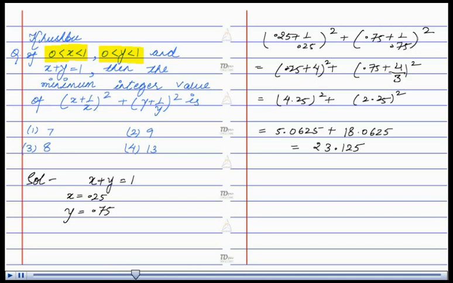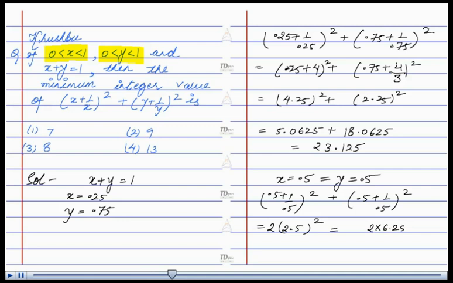Now, since this is not the minimum value, we take the next set of values such that x is equal to 0.5, that is equal to y. Substituting the values we get (0.5 plus 1 by 0.5) whole square plus (0.5 plus 1 by 0.5) whole square, that is 2.5 whole square into 2, that will be equal to 2 into 6.25 or 12.5.